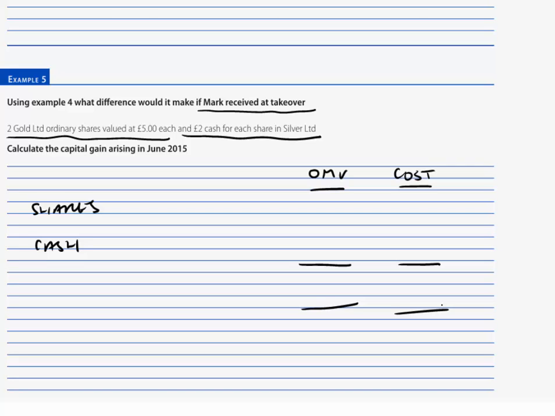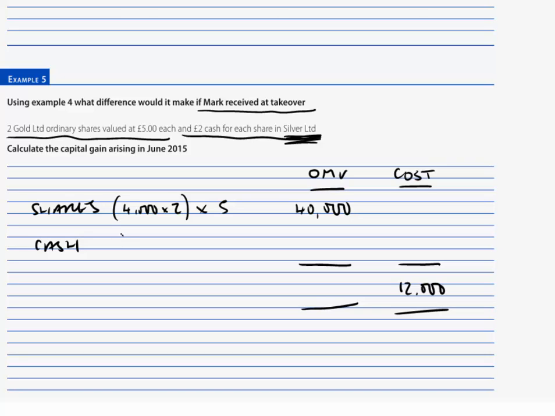Now again, look back: what was the original cost of the shares in Silver Limited? That original share cost was £12,000. So let's work out those market values now. They're going to be the same numbers as we had before. We owned 4,000 shares in Silver, we got 2 shares in Gold, and those shares were valued at £5. So that will, yet again, give us £40,000 worth of ordinary shares received in Gold Limited at the time of takeover.